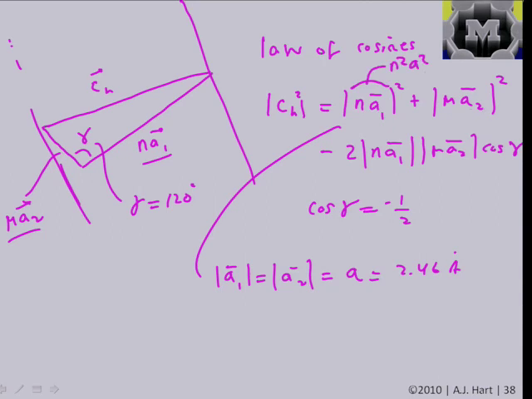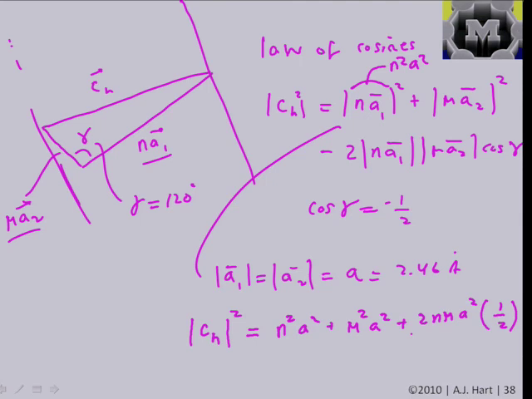Here you would have m squared A squared, and you would have similar things here with the cosine, and we would get a final answer that the length of the circumferential vector squared is n squared A squared plus m squared A squared plus 2nm A squared times 1/2, because I canceled the negative signs.